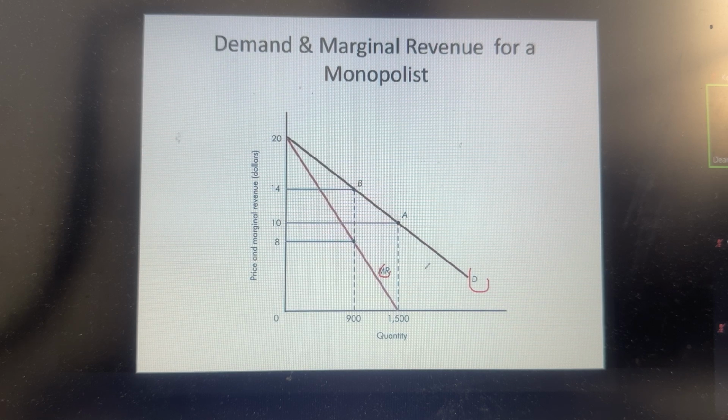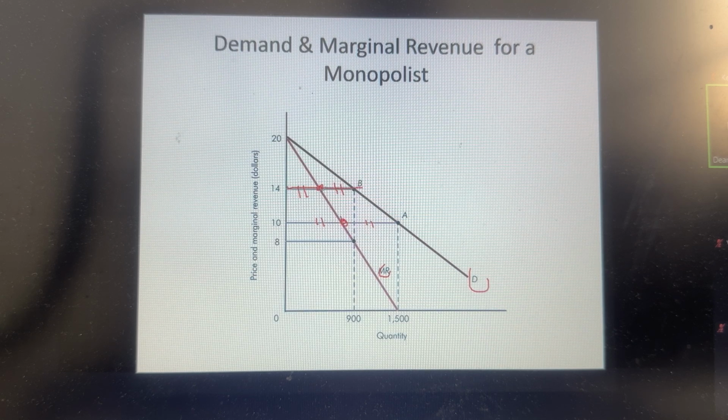I said this is twice as steep. How can you understand from the graph? The horizontal gap between the demand curve and the price axis should be cut into two equal segments by the MR curve.